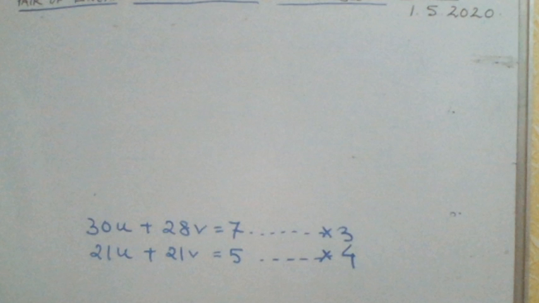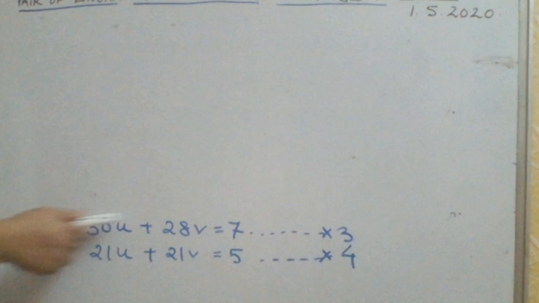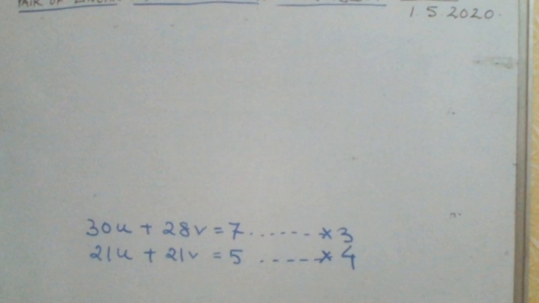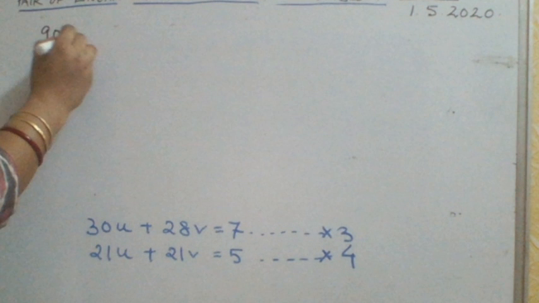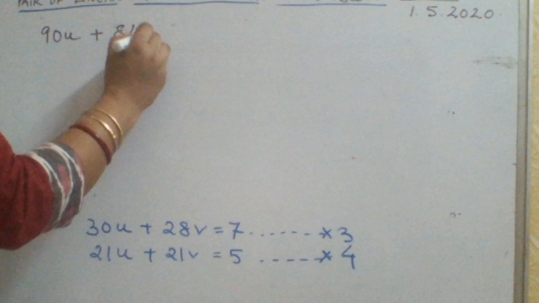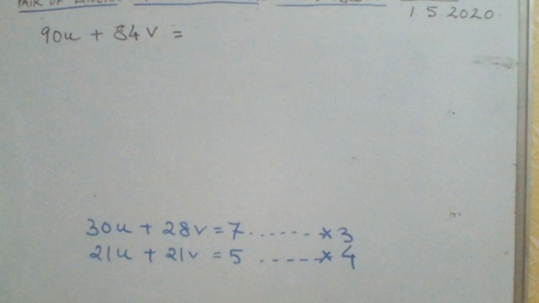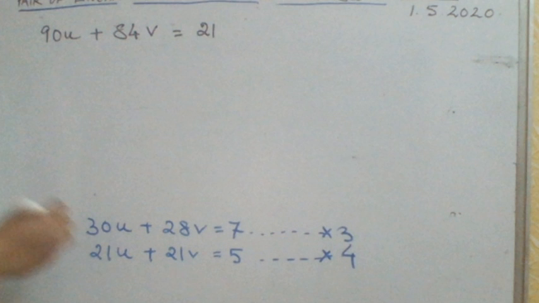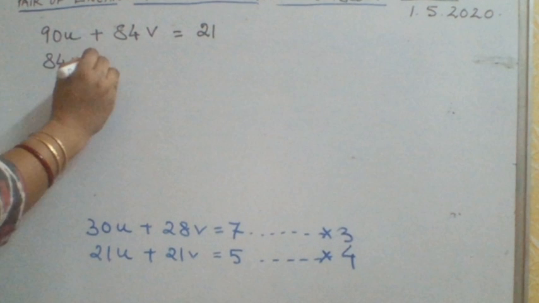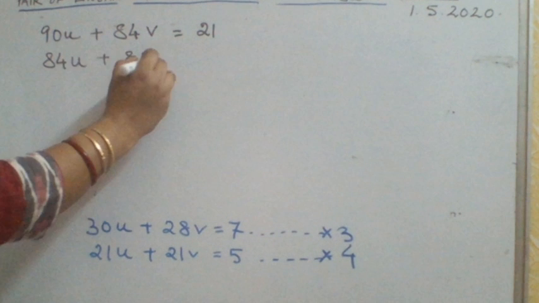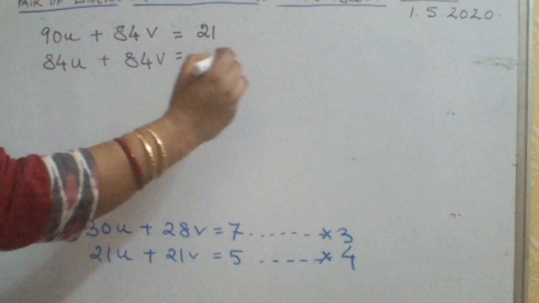If you do that, the first equation into 3 gives 90u plus 84v equal to 21, and the second gives 84u plus 84v equal to 20.